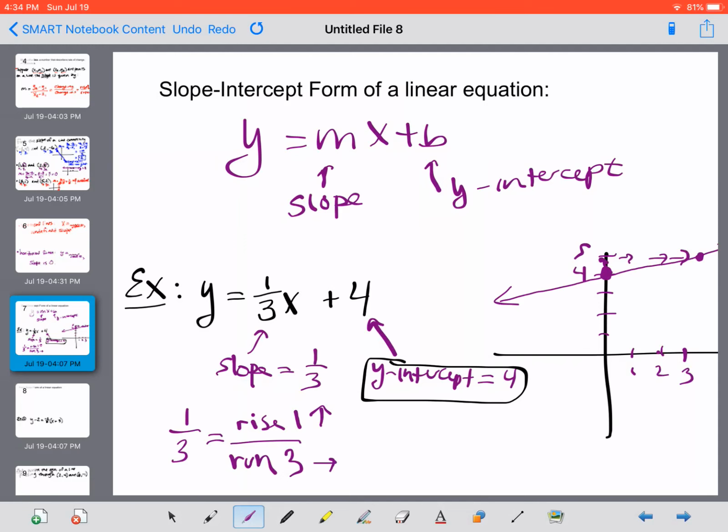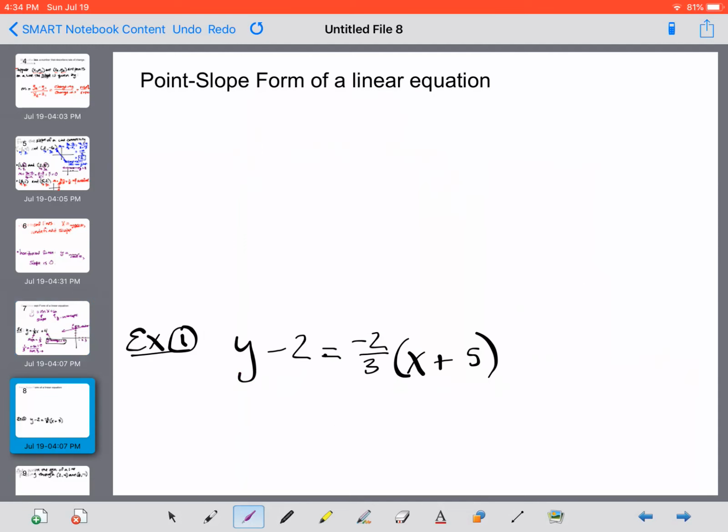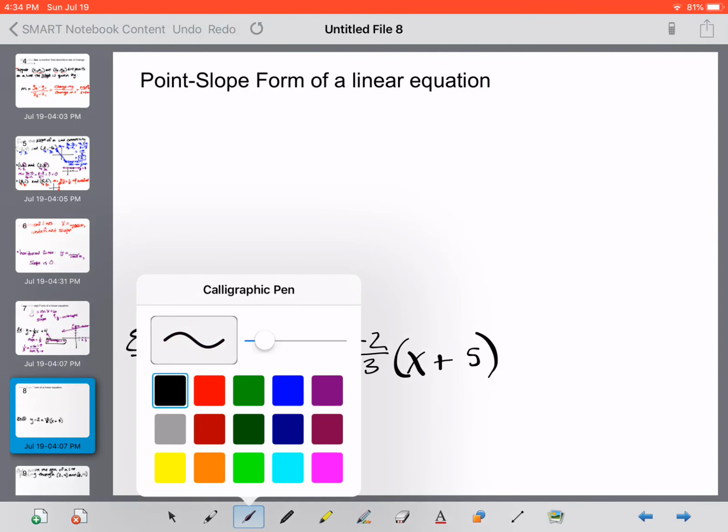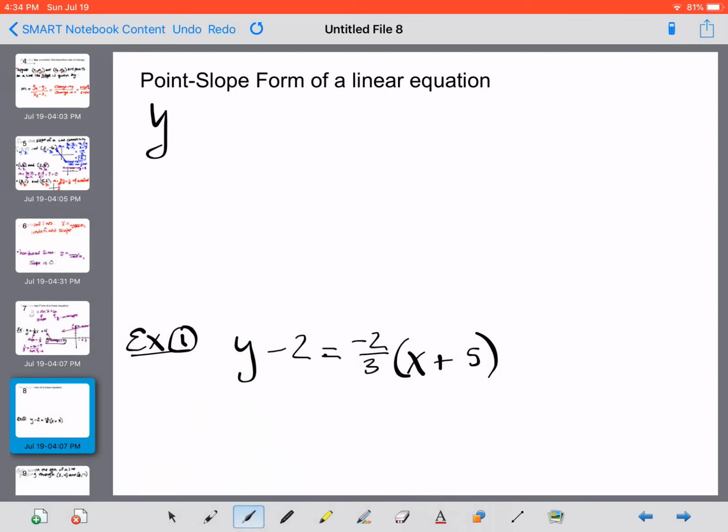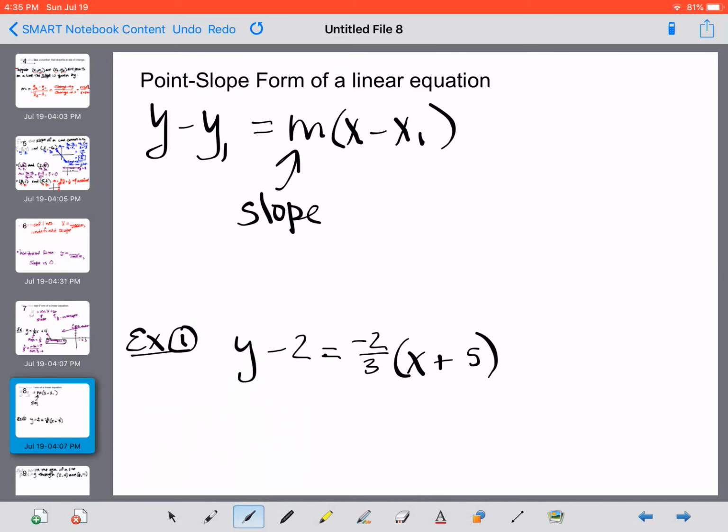Now, it's often useful to use a different form of an equation called point-slope form. So point-slope form of an equation looks a little bit messier. y minus y1 equals m times x minus x1, where m is going to be the slope of the line, or the slope of the equation.